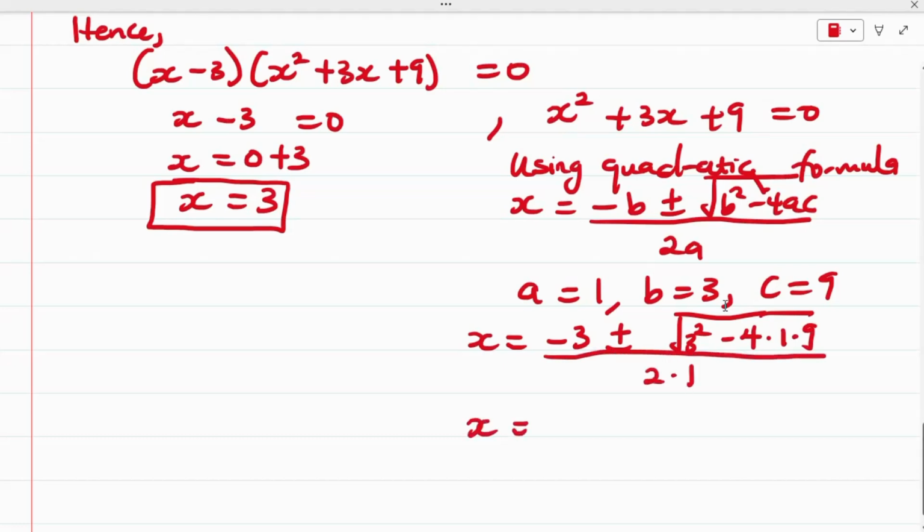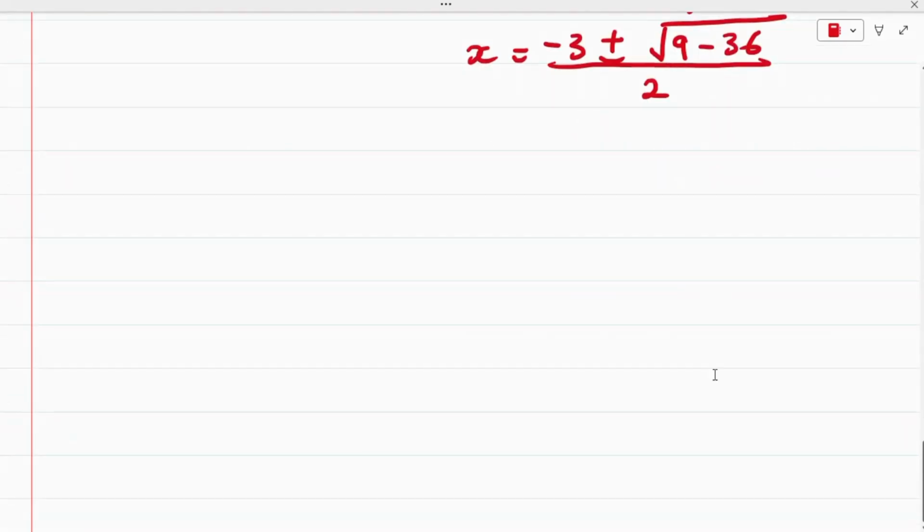So x is equal to minus 3 plus or minus the square root of 3 squared, which is 9, minus 4 multiplied by 1 multiplied by 9, which is going to give us minus 36, over 2 multiplied by 1, which is 2. So from here we have x is equal to minus 3 plus or minus the square root of 9 minus 36, which is minus 27, over 2.